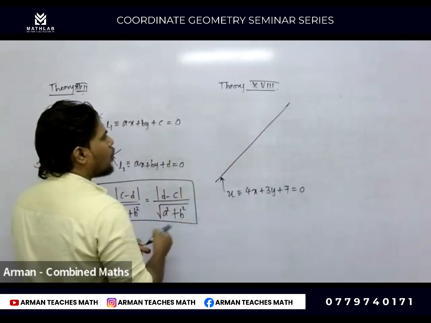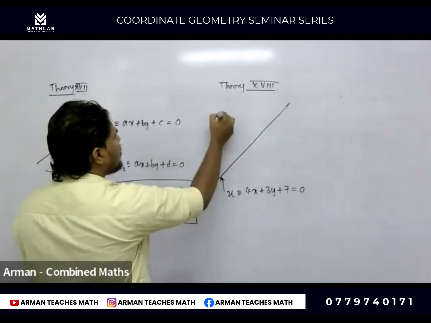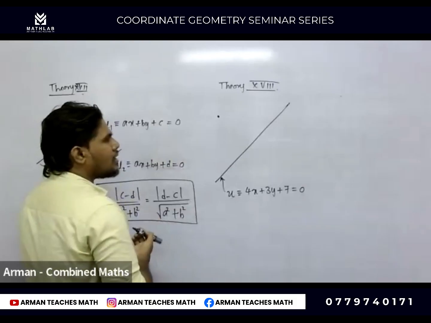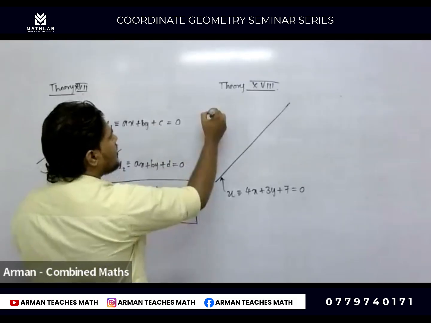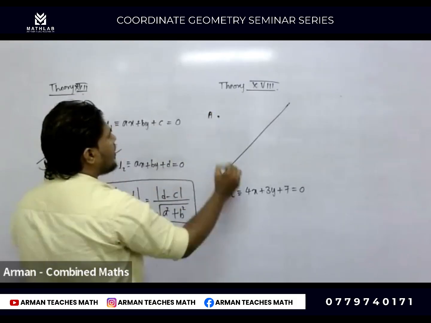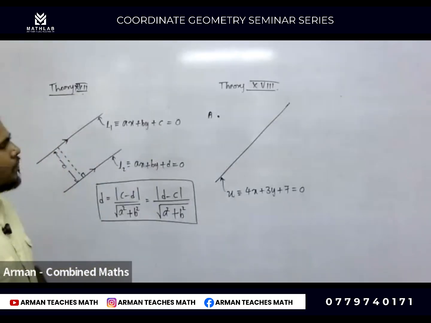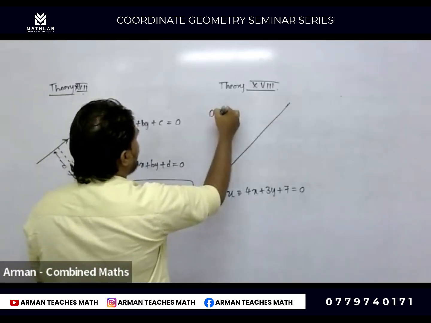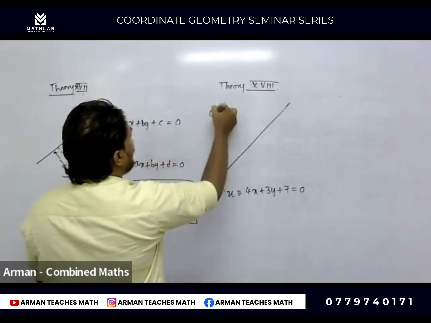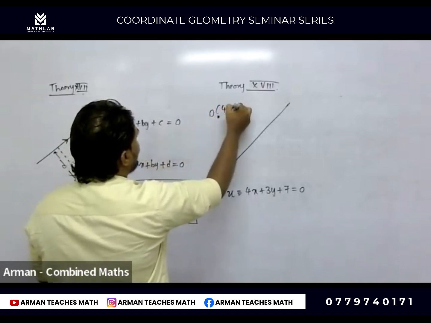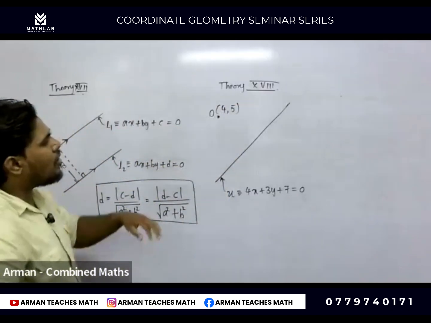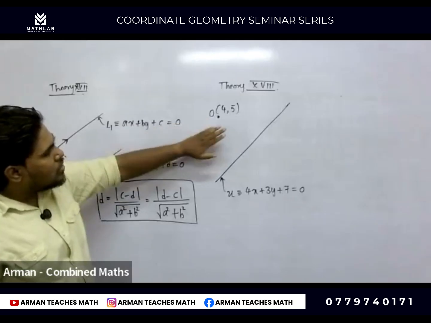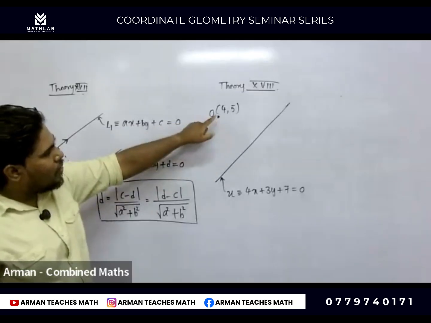It's like when there is a point outside the straight line segment. Let's take the point as capital O, and the coordinates are 4, 5. I take a point outside the straight line segment, 4, 5.